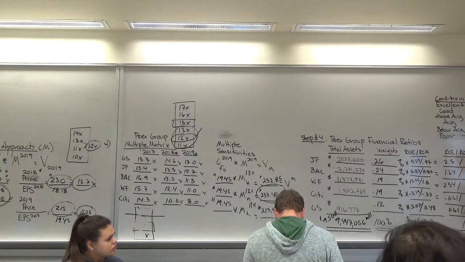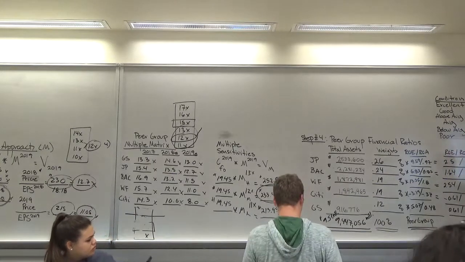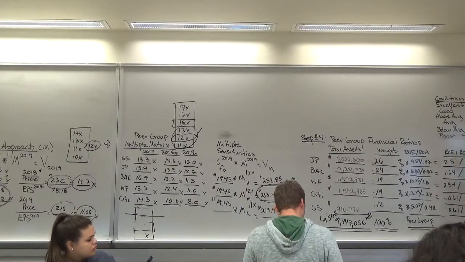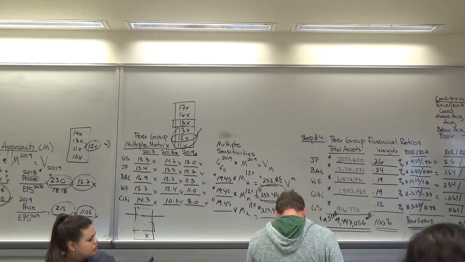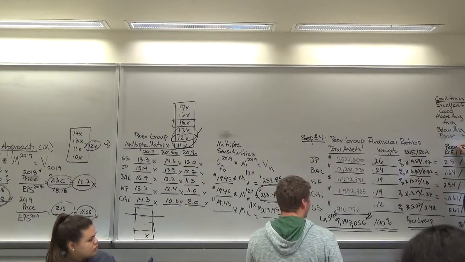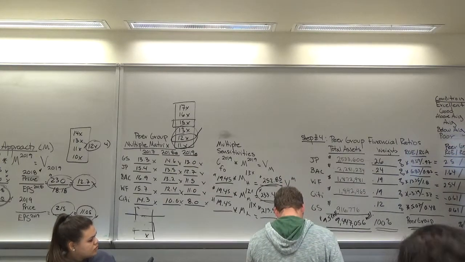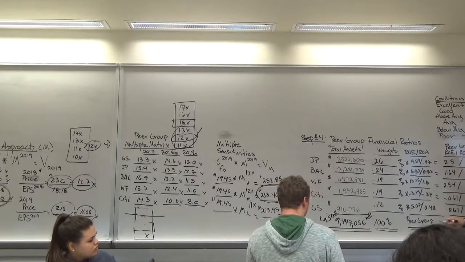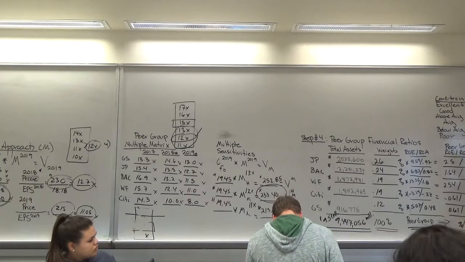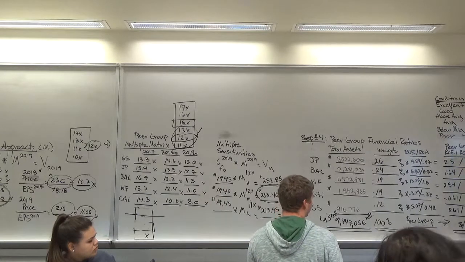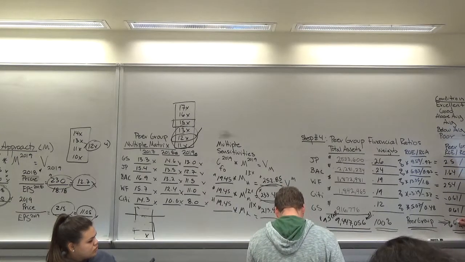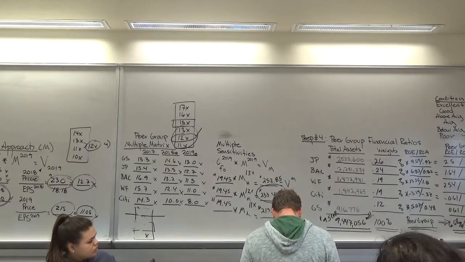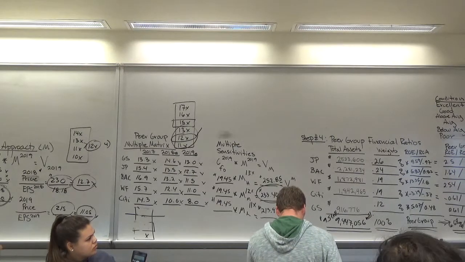And can you add those up for me? 6.68. So basically your peer group ROE is 6.68. That's what you're going to use in the peer group row within your analysis.